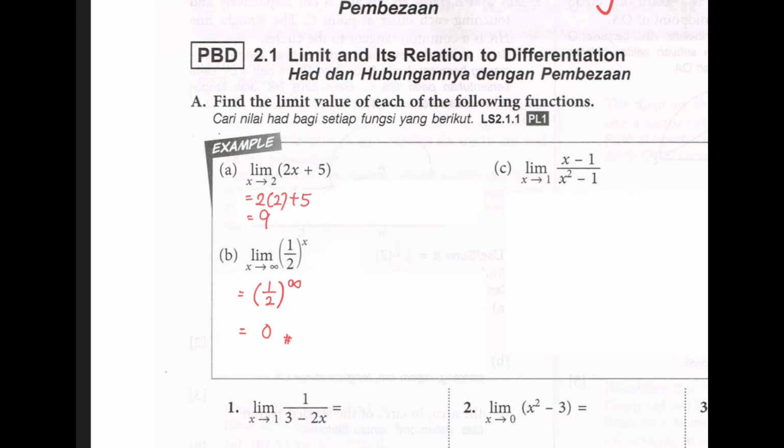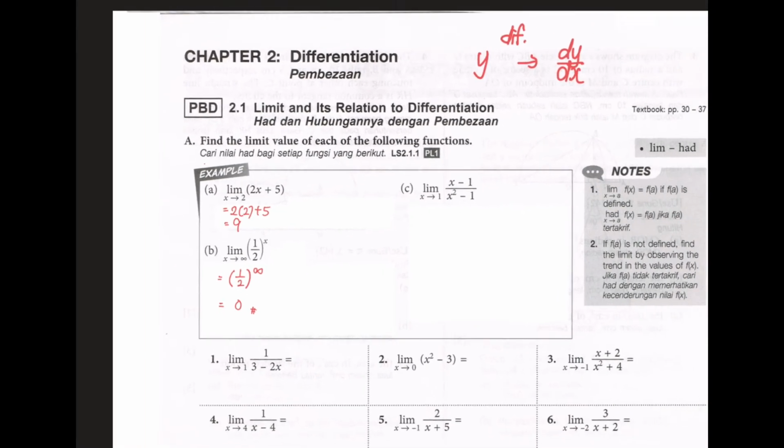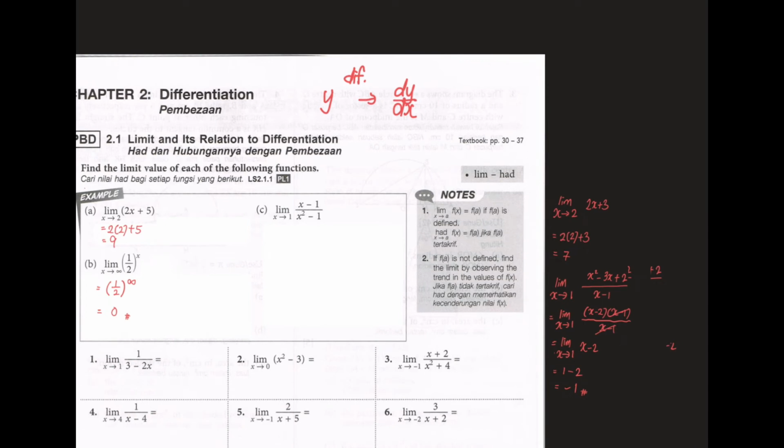When it is undefined, you don't substitute first. We do something like our earlier question. Factorize the quadratic so that you can cancel the factor that makes the fraction undefined, which is x − 1.